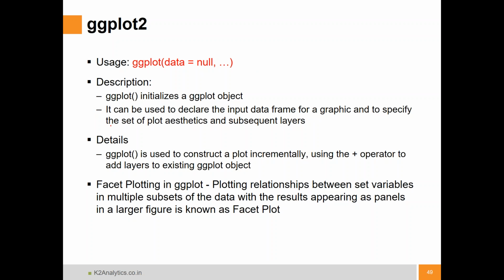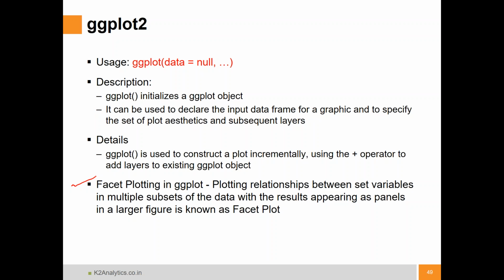The second element is basically facet plotting. At times, say I want age distribution, but I want age distribution by gender. So basically this is called faceting. I want to see the distribution, but I want to see the distribution separately for male and female.